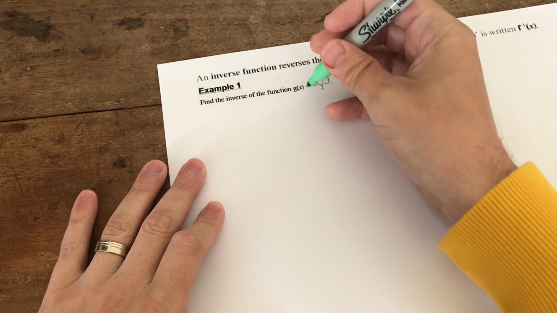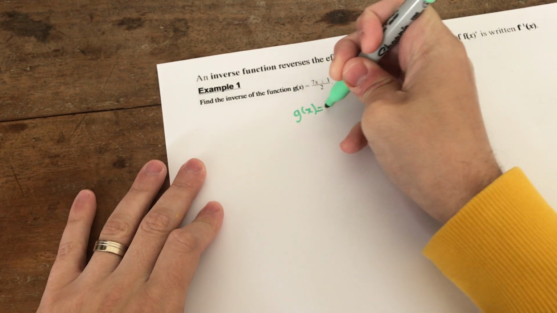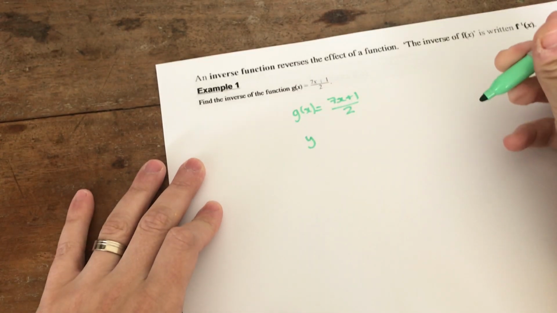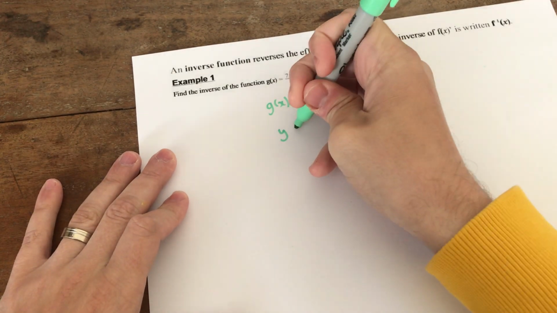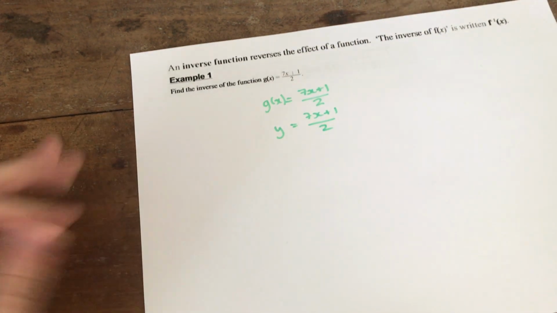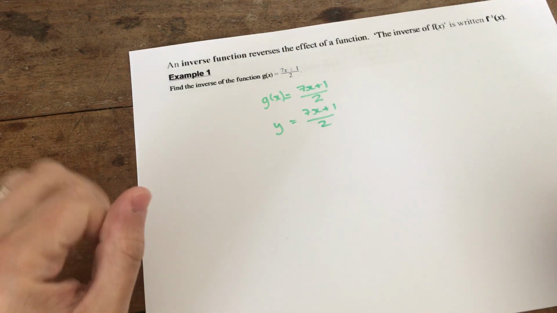Instead of writing g(x), we've got g(x) equals 7x plus 1 all over 2. We now swap that for y, and we get y equals 7x plus 1 all over 2. Now we're going to rearrange this to make x the subject of the formula.